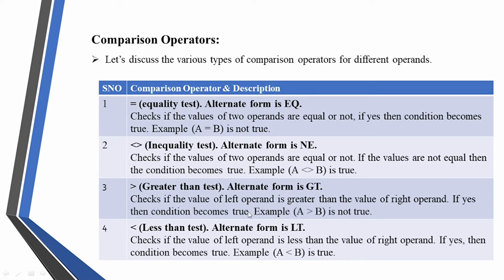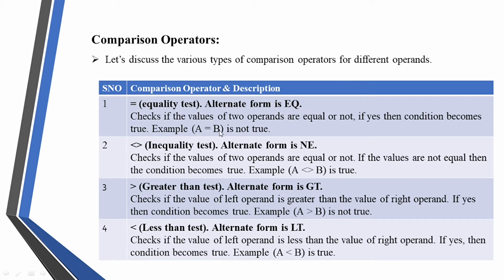In ABAP, for comparing two variables, we have symbols as well as keywords. For equal to, we use EQ. That means if we want to compare whether two variables are equal, as in A equal to B, we use EQ.